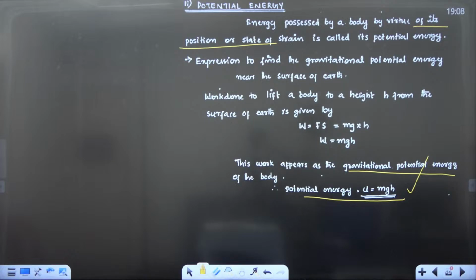Note down gravitational potential energy or potential energy equation mgh.